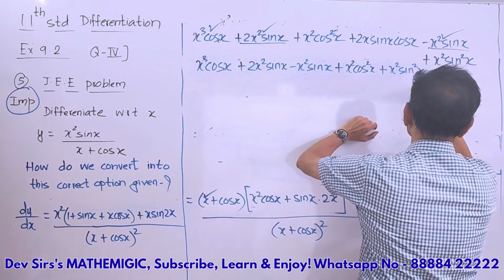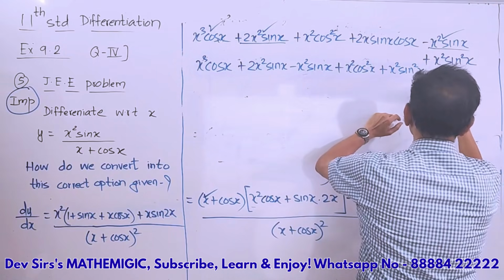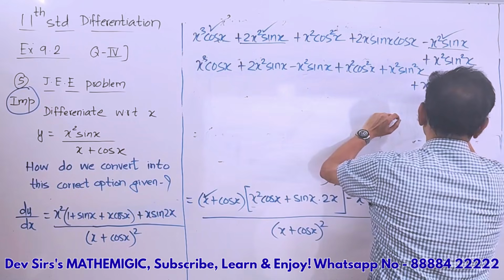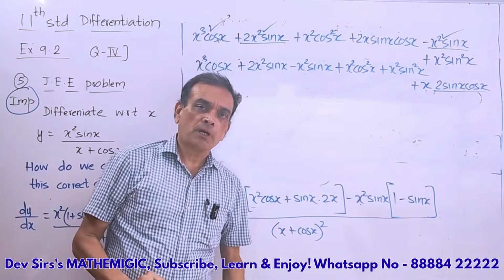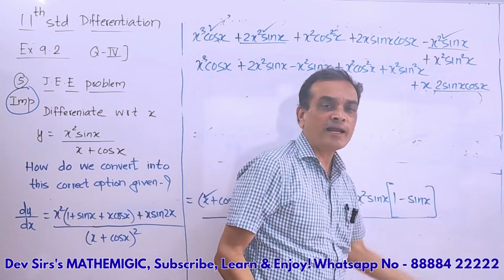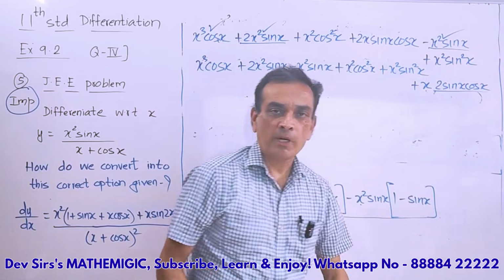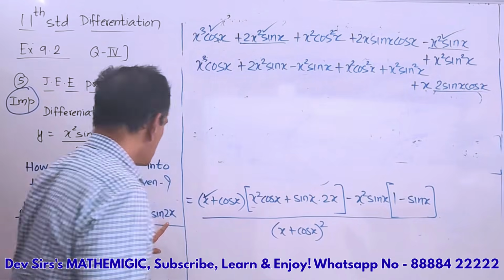2x sin x cos x, which I am going to write as x into 2 sin x cos x. Now you should know 2 sin x cos x. Why did I write this? Simply because there is a trigonometric formula, not a derivatives formula: 2 sin x cos x is sin 2x.